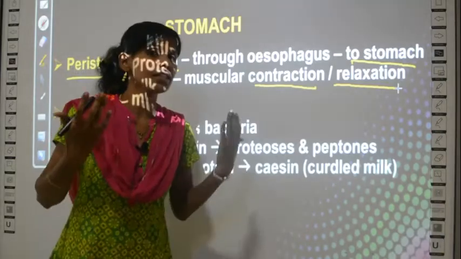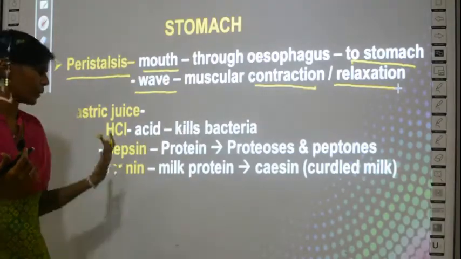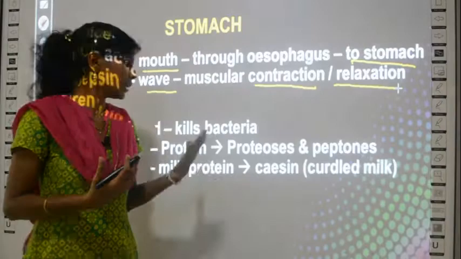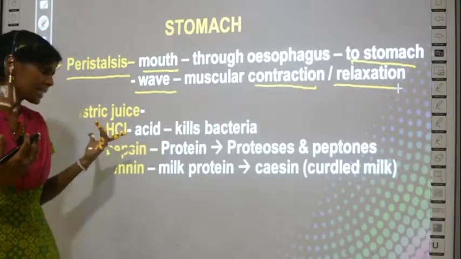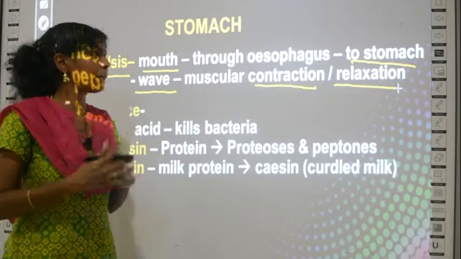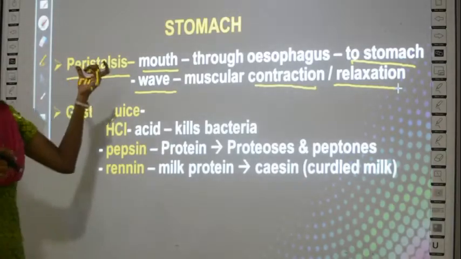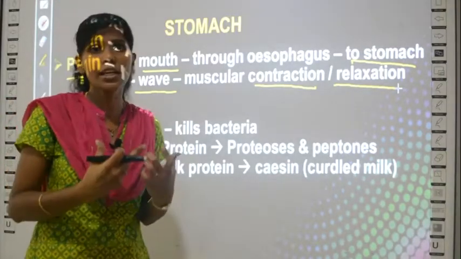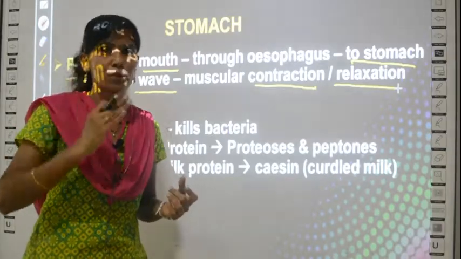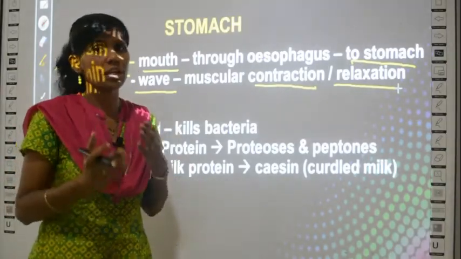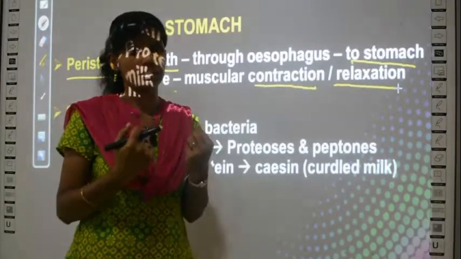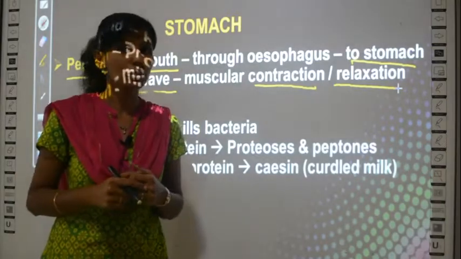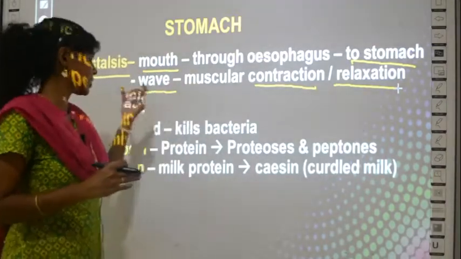So what digests milk? A substance called renin. What digests protein? An enzyme called pepsin. So what all happens in the stomach? First, by peristalsis, from the mouth till the stomach through the esophagus, a wave-like motion formed by alternate contraction and relaxation occurs. That wave-like movement is called peristalsis.